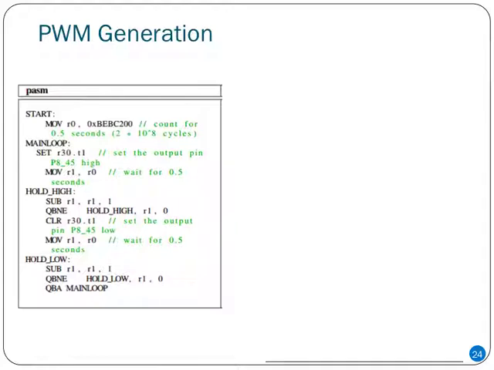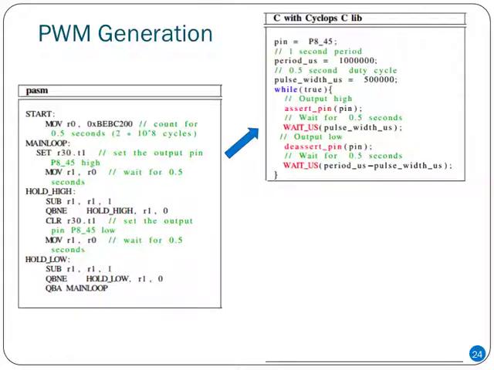So let's take a look at how to generate pulse width modulation using the PRU. This is the original language of the PRU, which is called Bazel. You will write some assembly and configure everything by hand, write the overlay file, compile, all this stuff. On the other side, you can do this with Cyclops in the C library using the API, like assert pin, wait, deassert pin, and that's it.